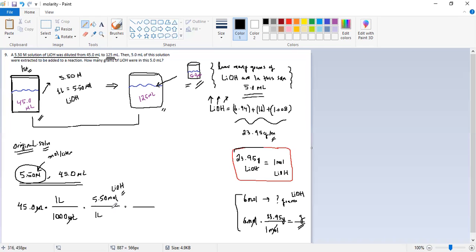On the other end, you would get 2.47. And since there are three significant figures, it rounds to 0.247, right, moles of LiOH. So, this works, right?